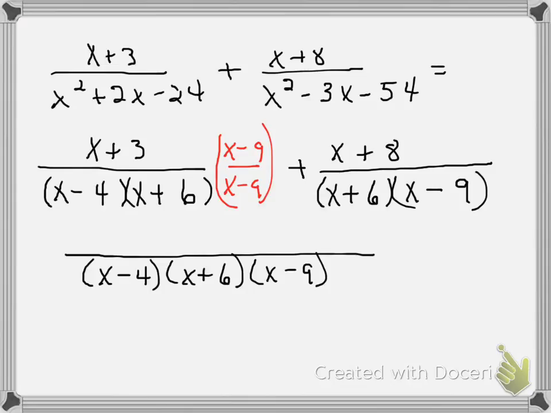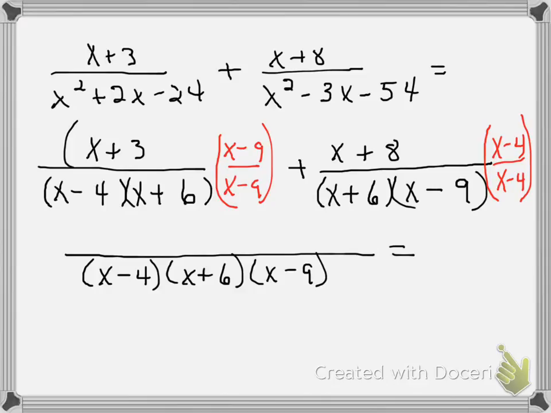The second one needs to be multiplied by the missing factor of x minus 4. And of course we have to multiply numerator and denominator both by x minus 4 to prevent changing the value of the expression.